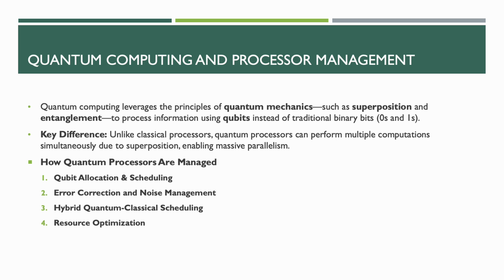Okay, quantum computing and processor management. Traditional computing relies on classical processors that use binary bits like zeros and ones to perform computation. However, quantum computing is revolutionizing the way we process information by leveraging the principles of quantum mechanics, such as superposition and entanglement.